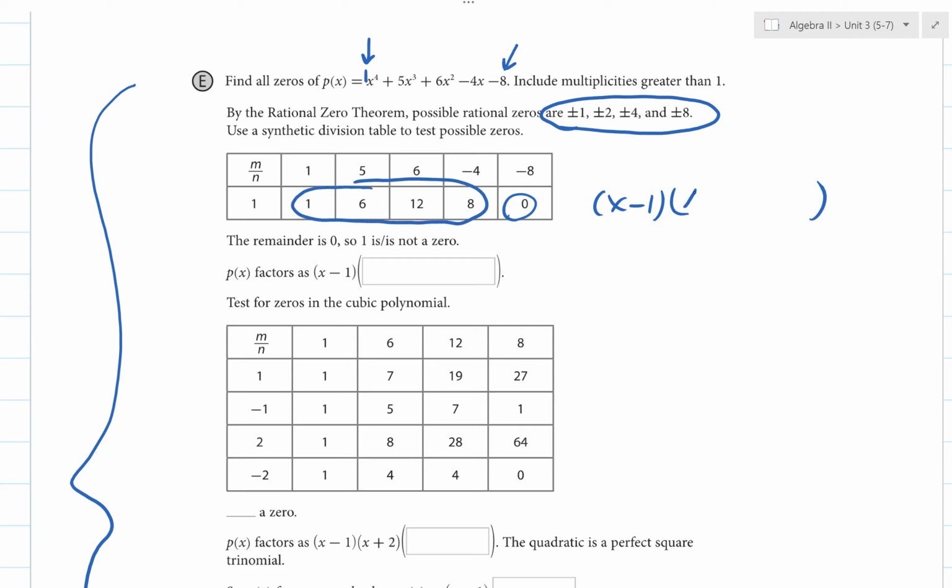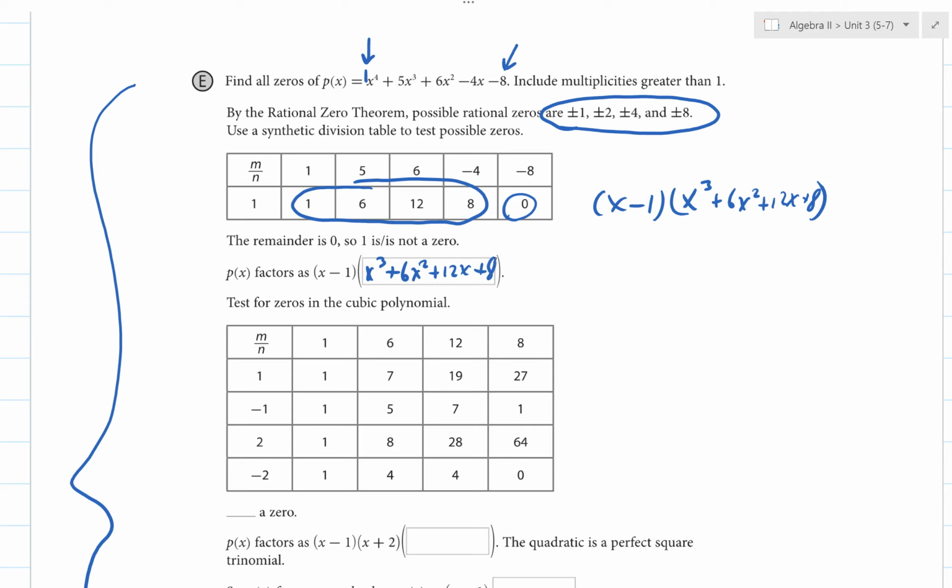So that is x, it started with a 4th power, so now it's going to be 3rd power, plus 6x squared, plus 12x, plus 8. And so that's what we can put here, x cubed plus 6x squared, plus 12x, plus 8.